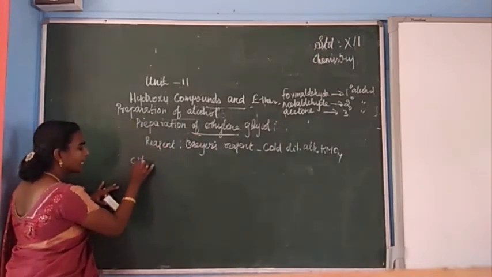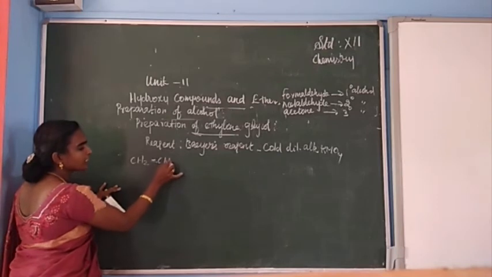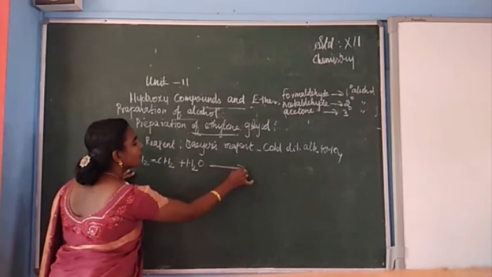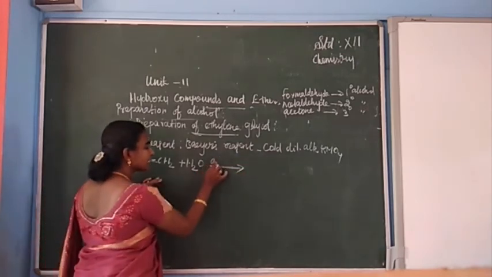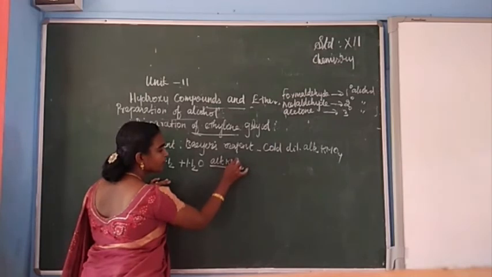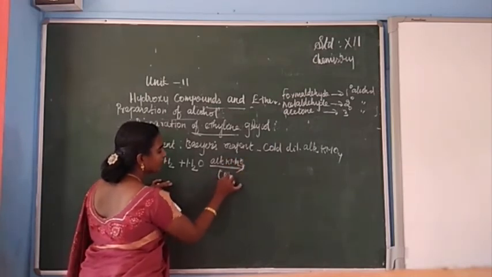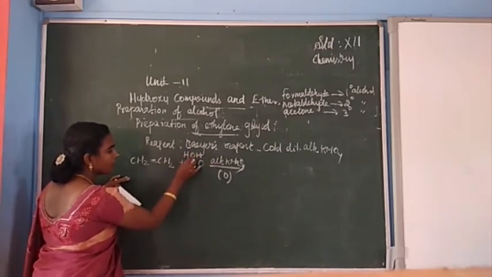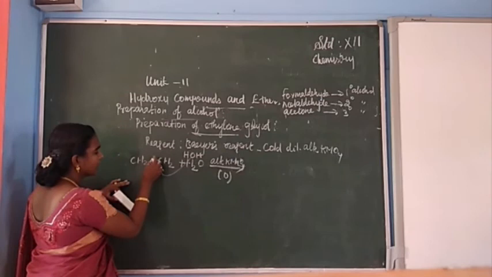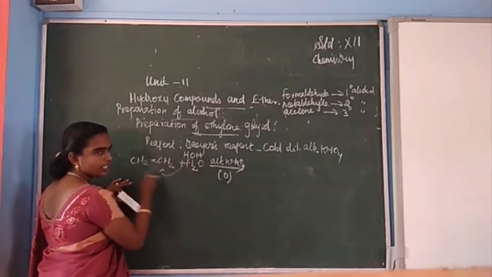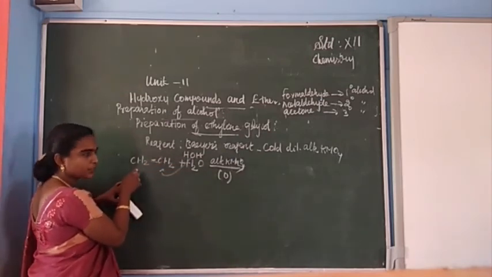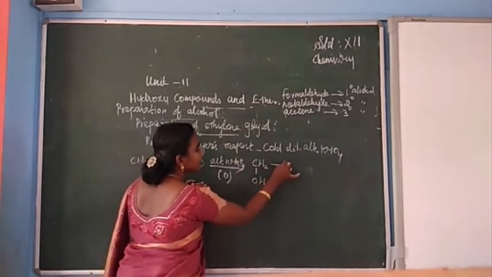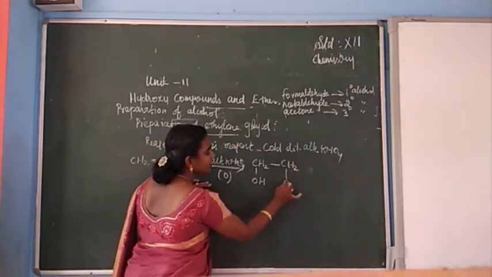When an alkene reacts with this Bayer's reagent, alkaline KMnO4, it will undergo oxidation. Here, this H2O, HOH, one OH will be here, and the next one, this H and OH here, when it is substituted, you can get CH2OH, CH2OH.